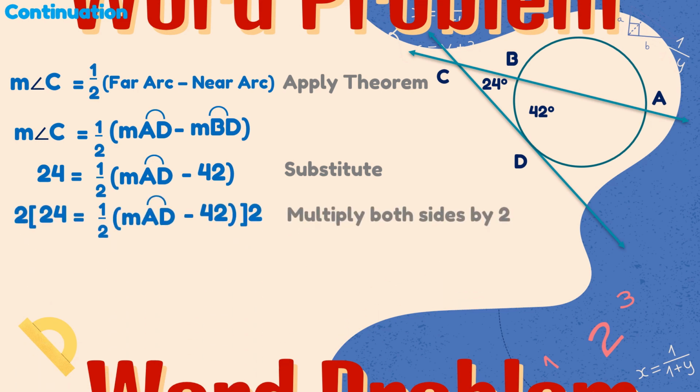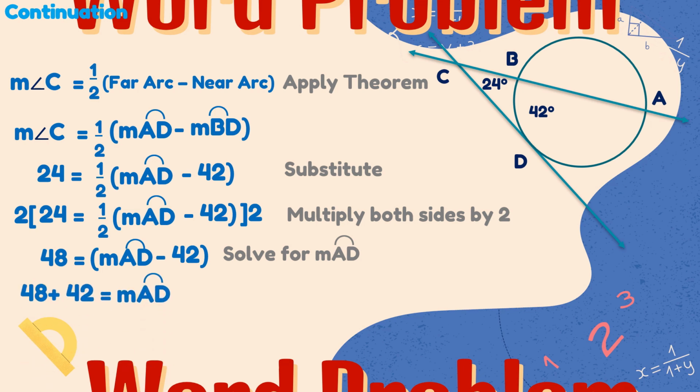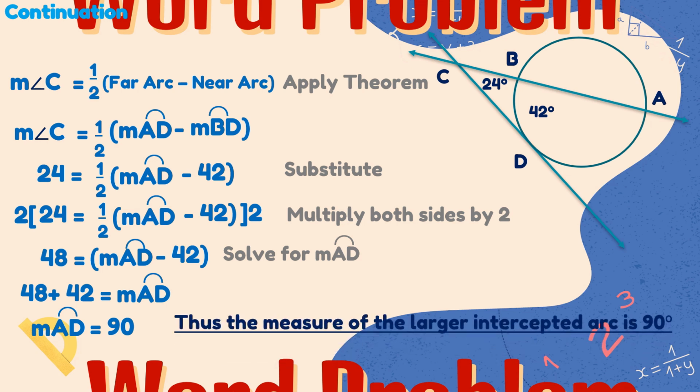Multiply both sides of the equation by 2. We have 48 is equal to measure of arc AD minus 42. 48 plus 42 is equal to the measure of arc AD. The measure of arc AD is equal to 90 degrees. Thus, the measure of the larger intercepted arc is 90 degrees.